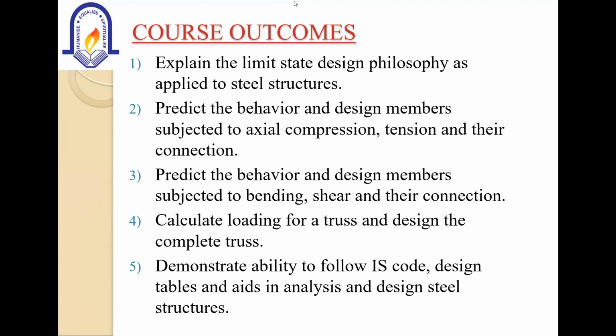So you should note that after studying this DDSS. As well as the second course outcome is to predict the behavior and design members subjected to axial compression, tension and their connection.